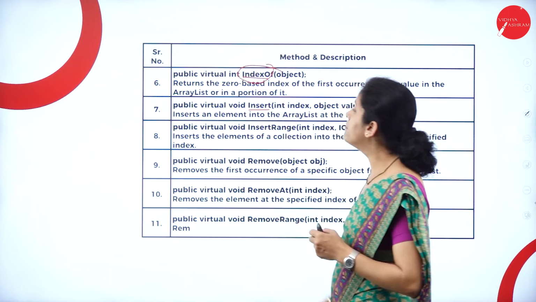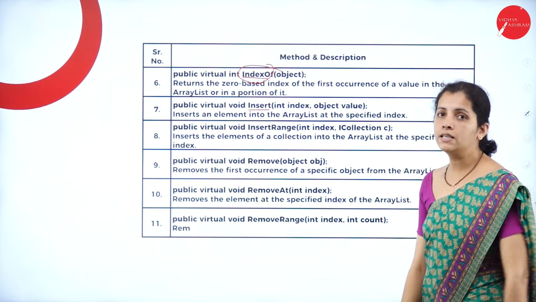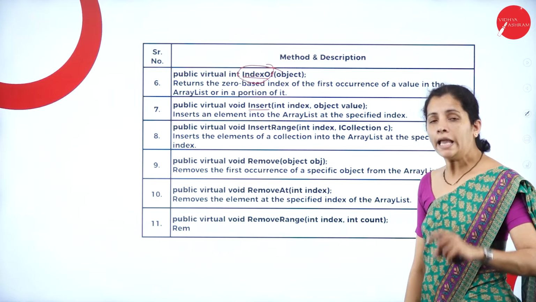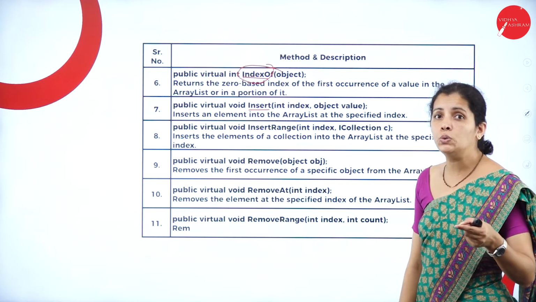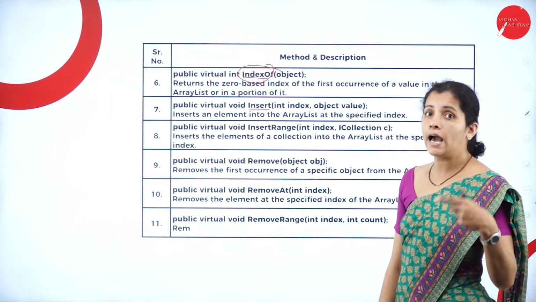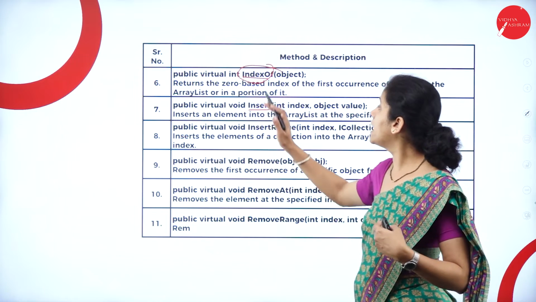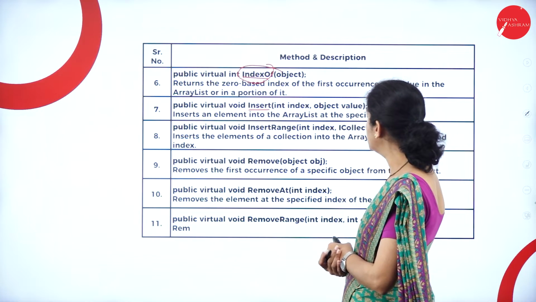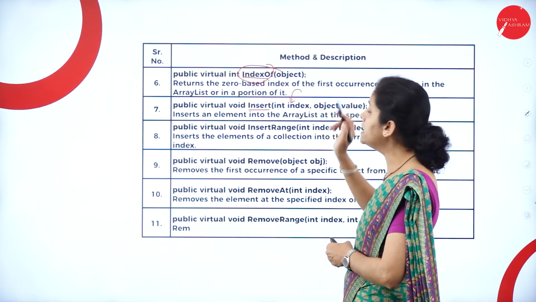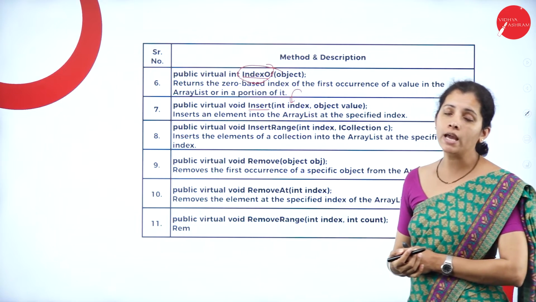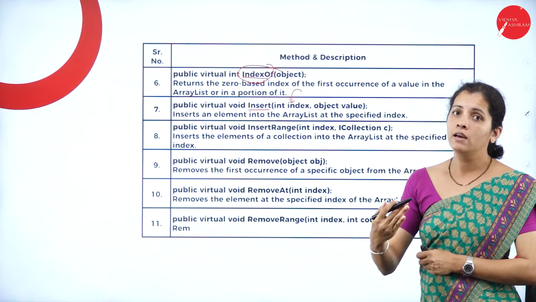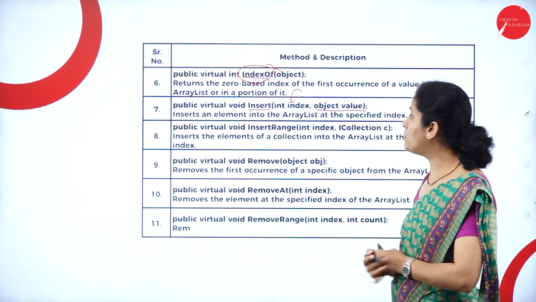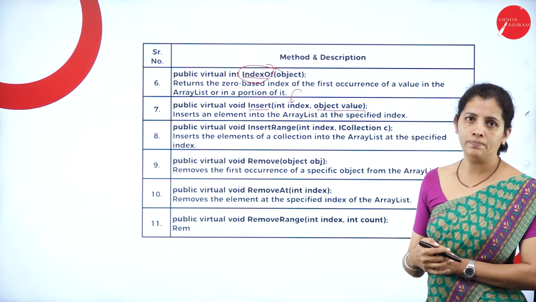I also have Insert. So what is the meaning of Insert? Suppose I want to insert a new object into the existing array list, then I can insert it by using the method called Insert, and I specify the index, that means where I want to insert the object, and I specify the object value.